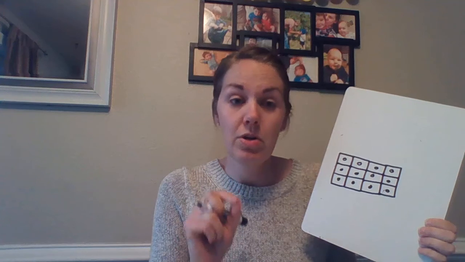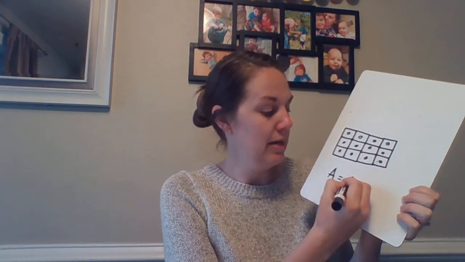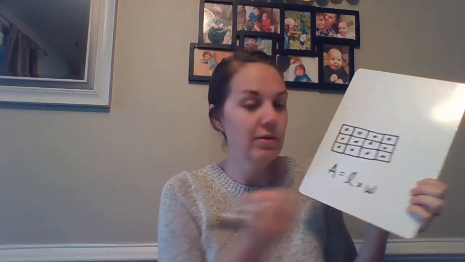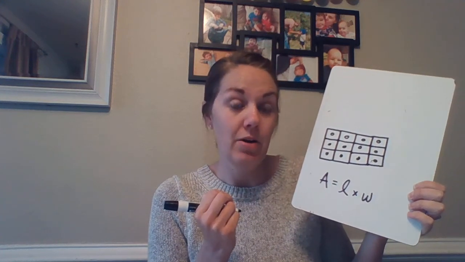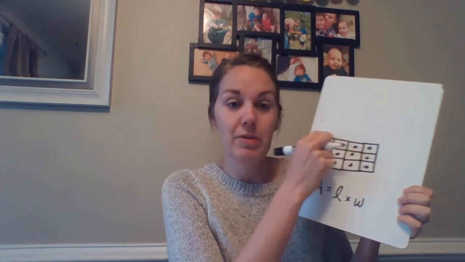And hopefully it will remind you a little bit of either area that we've worked with, where we're creating a grid and we're counting up the numbers of squares, or it may even make you think of an array as a strategy for solving a multiplication problem. But in both of those, you are having a multiplication equation. So for area, remember, the area of a rectangle is length multiplied by width. If you're finding an array, you would have one side multiplied by the other side.